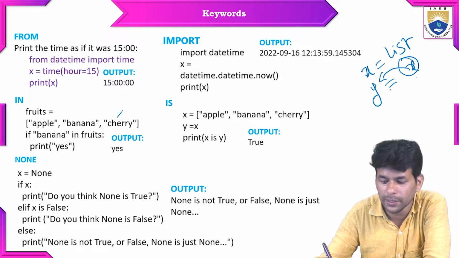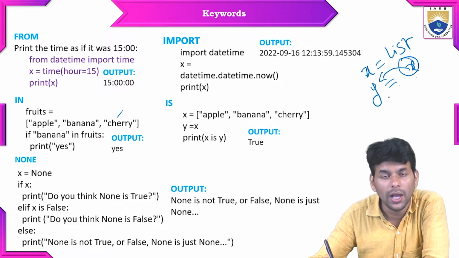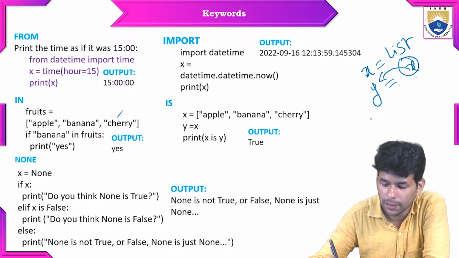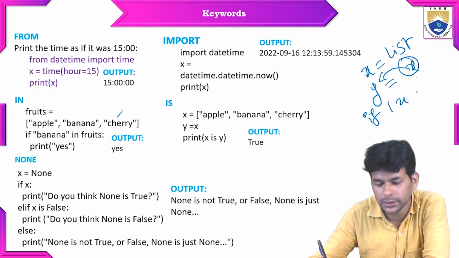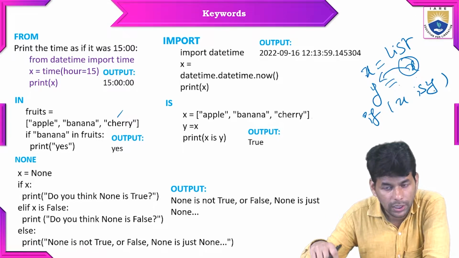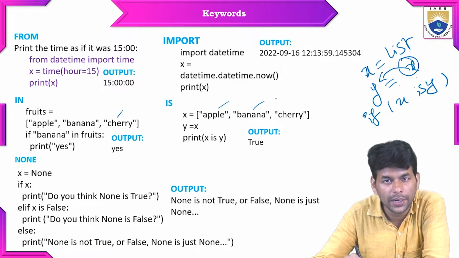That means now y becomes x, so x now has the same value as y. The same values we have in y, we have in x now. That means if I check if x is y, then what happens? If x is apple, banana, cherry.